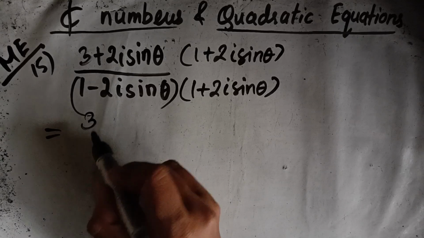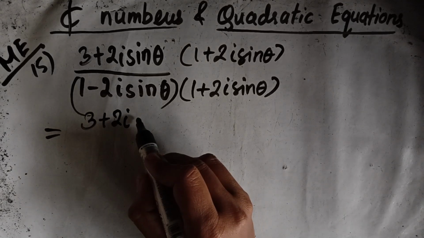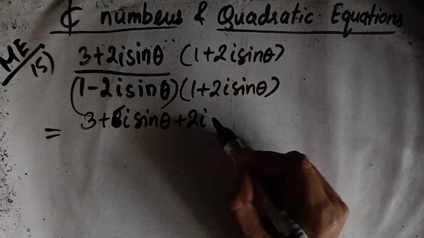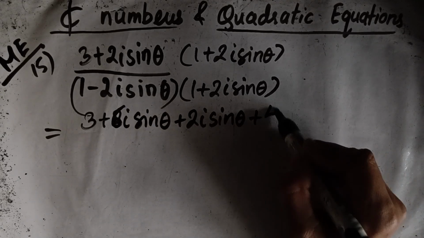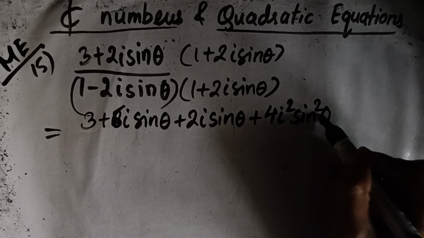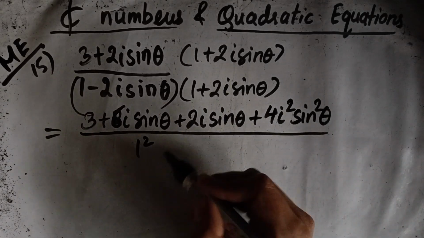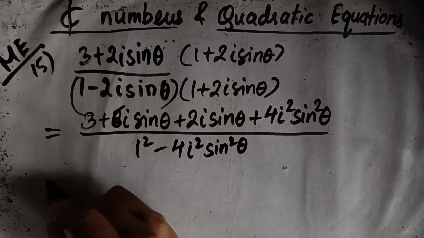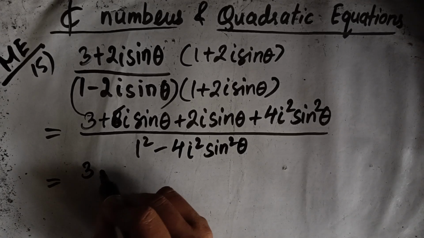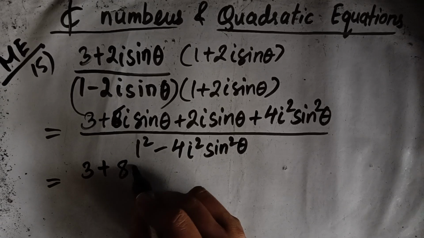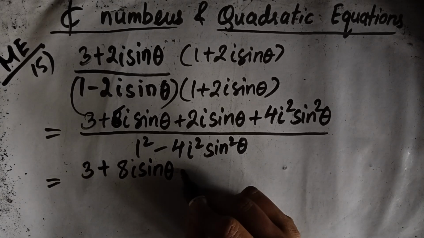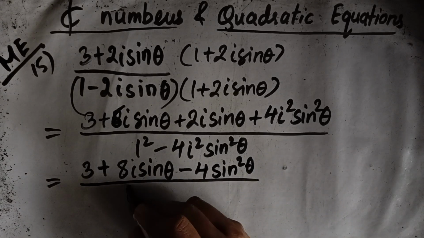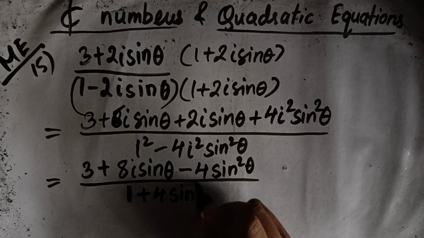So multiplying, you will get 3 plus 2i sin theta, 3 into 3 plus 2i sin theta plus 4 i square sin square theta, upon 1 plus 4 sin square theta.